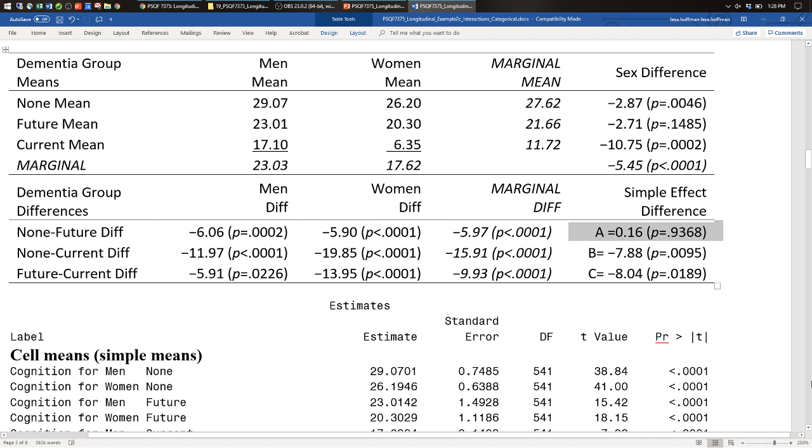The interaction contrast is 0.16. That tells me two different things. It tells me that the gender difference in the none group, which is 2.87, and the gender difference in the future group, which is 2.71, differ by 0.16.